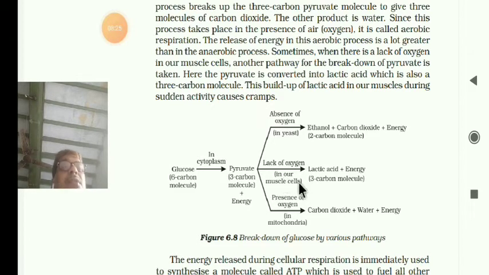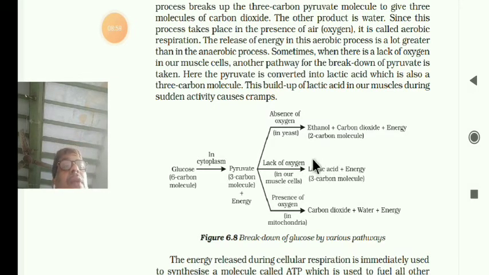But at those times you need the energy to do the activity, but that much oxygen is not there. So that is why it is given as lack of oxygen. At those times this pyruvate in our muscle cells is converted, energy is produced, but for the amount of energy we need, pyruvate is converted into lactic acid in our muscle cells.